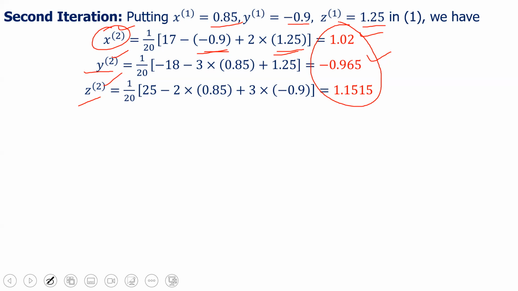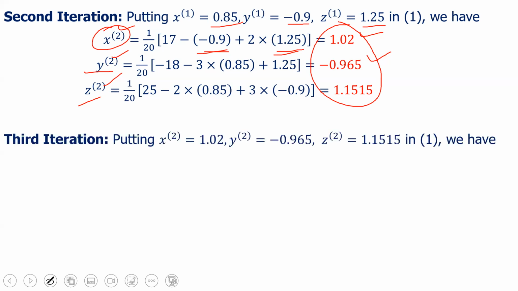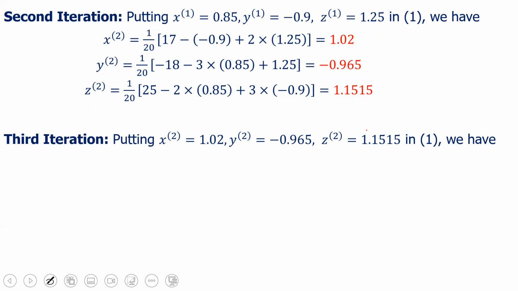Again, we repeat this process for iteration number 3. And what we will do over here, our initial value for x is 1.02, for y it is minus 0.965, and for z it is 1.1515. Again, we substitute all these values in the same equation number 1.